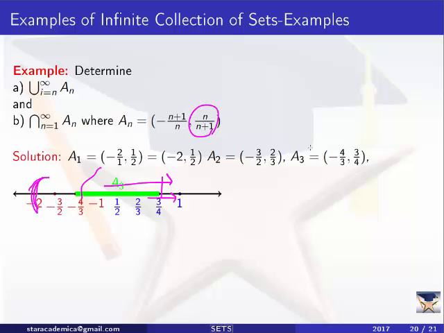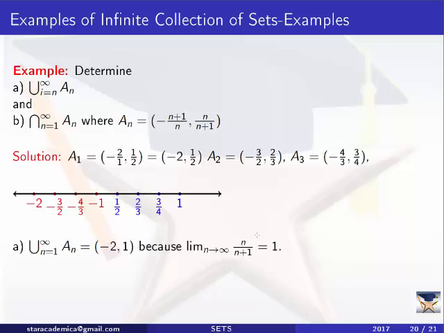We can take the limit and understand, you see how it moves, the blue one, step by step. It moves to 1. So in order to understand the right-hand side, the limit is 1, which means it's going closer and closer, never reaching 1. And the very first one is -2. So it is this open set.